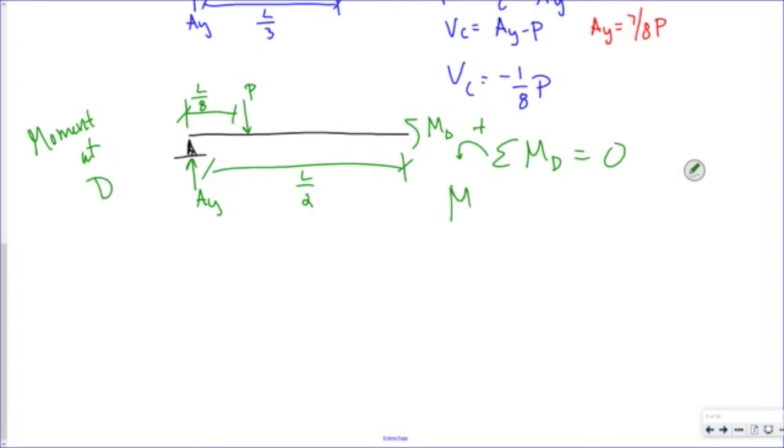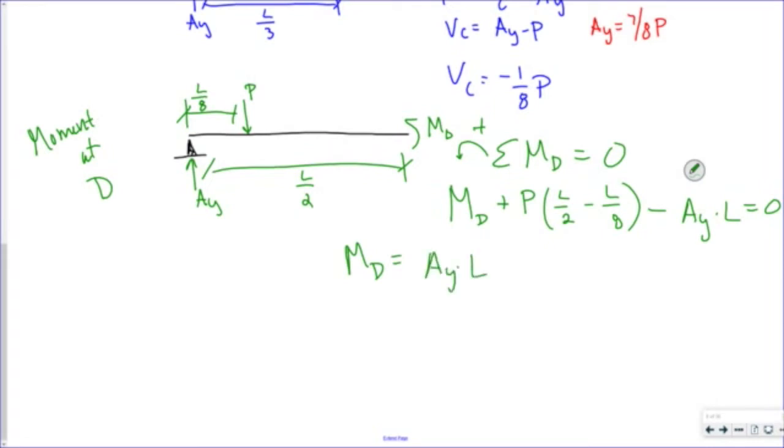I've got my moment at D plus P times L over 2 minus L over 8 minus, right? That's acting clockwise, counterclockwise, so it's positive. Then my moment, AY acting at a distance L. So my moment at D is equal to AY times L minus P times 1 over 2 minus 1 over 8.